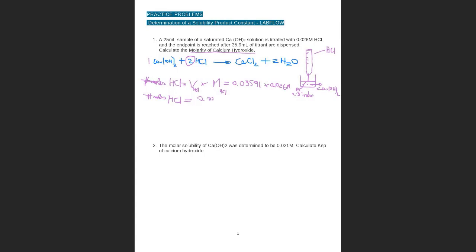Okay, I can write it like that, but it's the same thing. And this is the number of moles of hydrochloric acid. So always in a titration, first you are going to calculate the number of moles of the titrant. And from there, you are going to calculate the number of moles of your solution that is in the beaker.